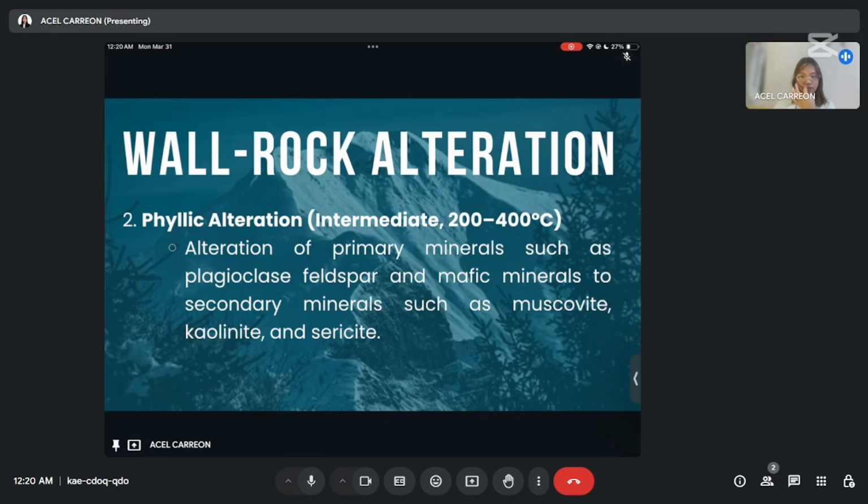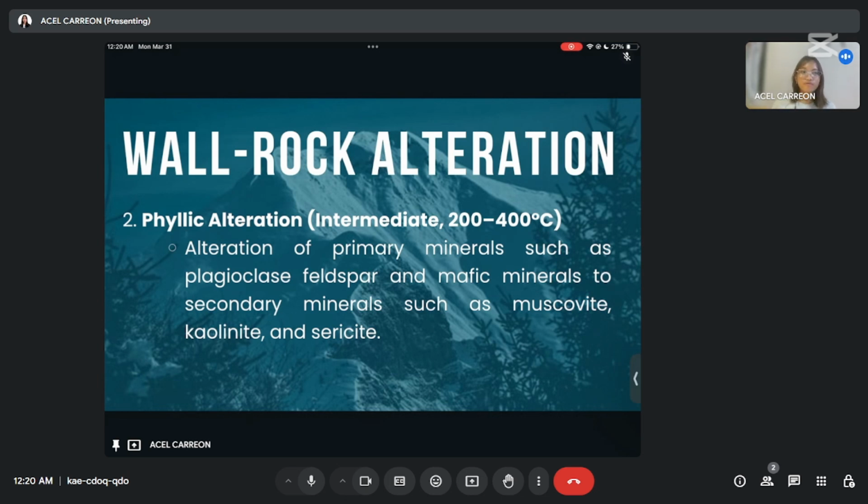The next alteration is the phyllic alteration, which occurs at intermediate temperature of 200 to 400 degrees Celsius. It is the alteration of primary minerals such as plagioclase, feldspar, and mafic minerals to secondary minerals such as muscovite, kaolinite, and sericite.